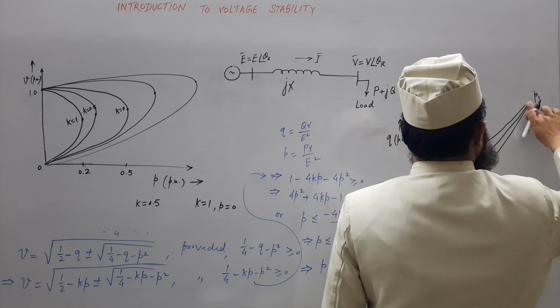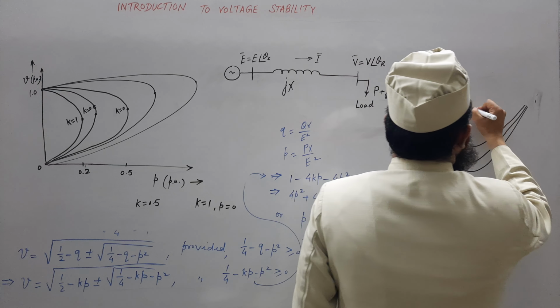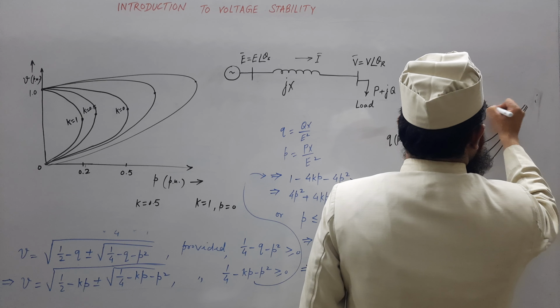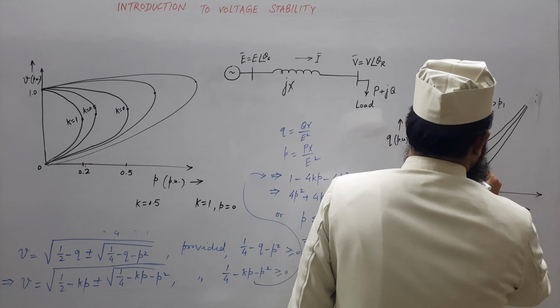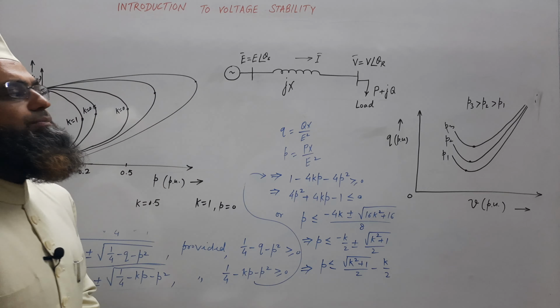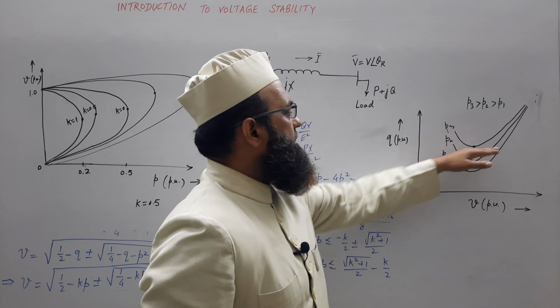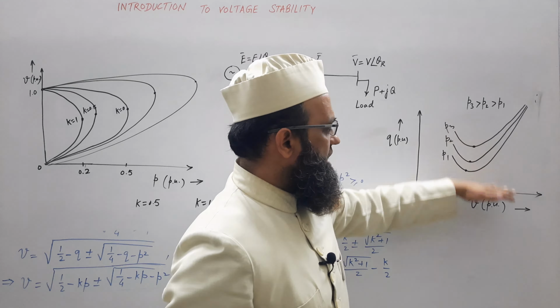This is P3, this is P2, this is corresponding to P1, so that P3 is greater than P2 greater than P1. So we have such type of curve. Again we have some knee points here also. Knee point or critical point is the point at which slope is 0. Slope is 0 means this dQ by dV is 0, that is tangent is parallel to this V axis. Fine.